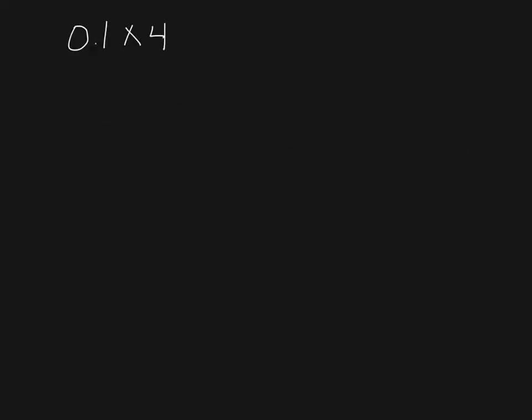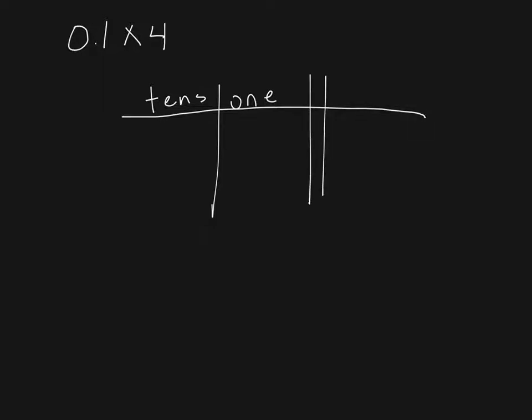Let's start off with 1/10 of 4. So I'm going to make a place value chart, and I'm going to need a tens place, a ones place, and a tenths place.